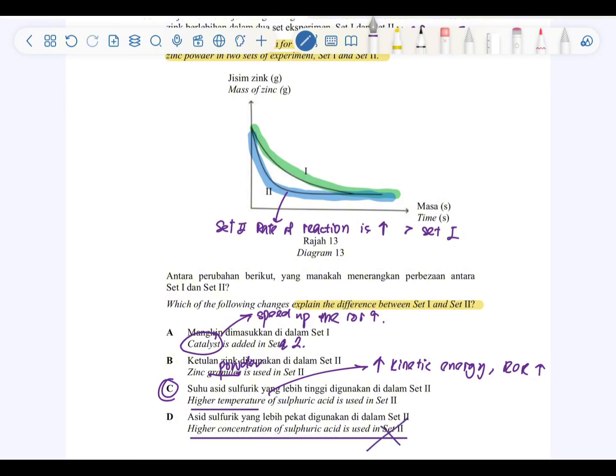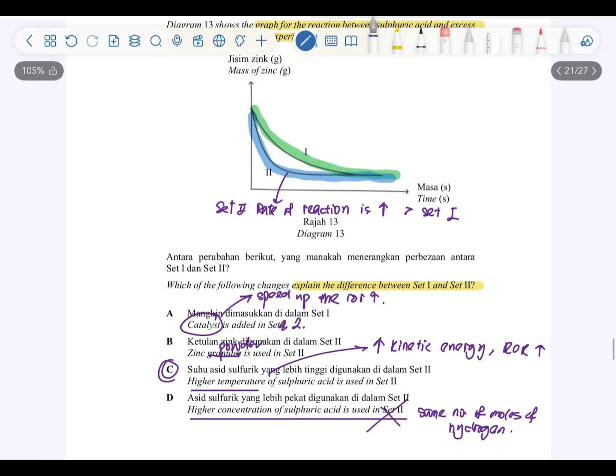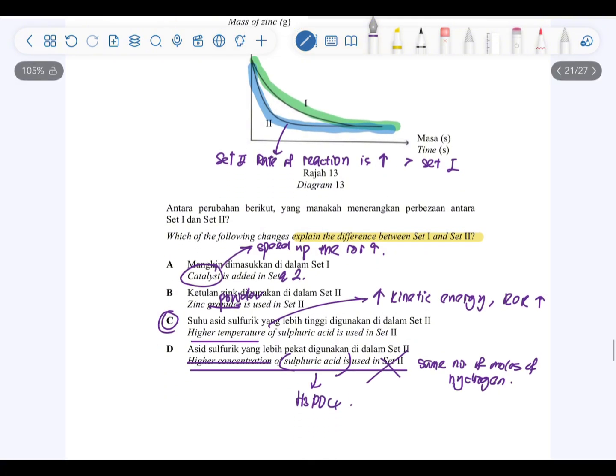This is not correct because no matter the concentration of the sulfuric acid, it will still contribute the same number of moles of hydrogen ions, unless they removed the word concentration and changed the sulfuric acid to hydrochloric acid. Or we can say it changed to sulfuric acid, then this will be the correct answer.